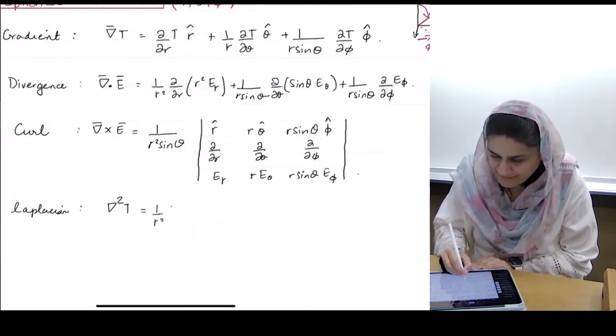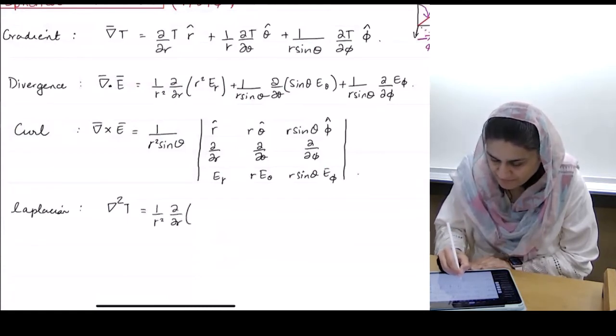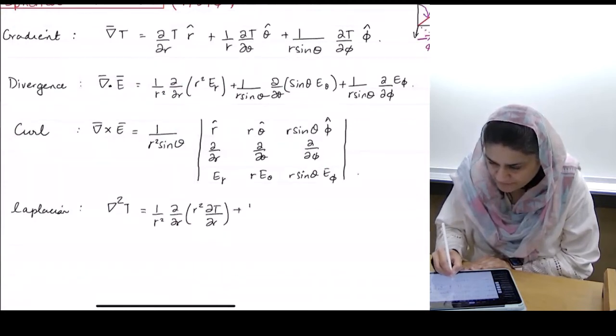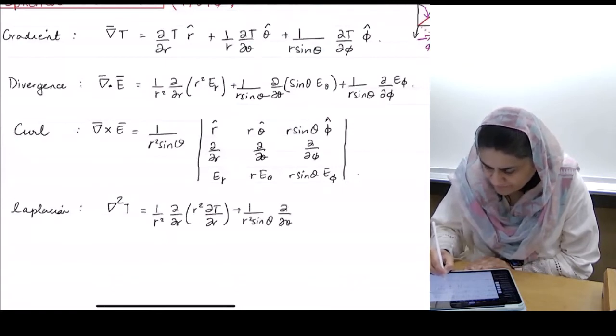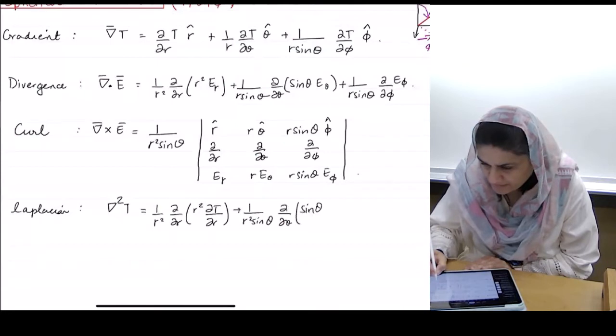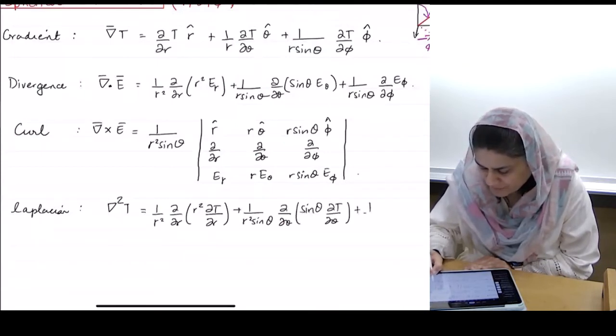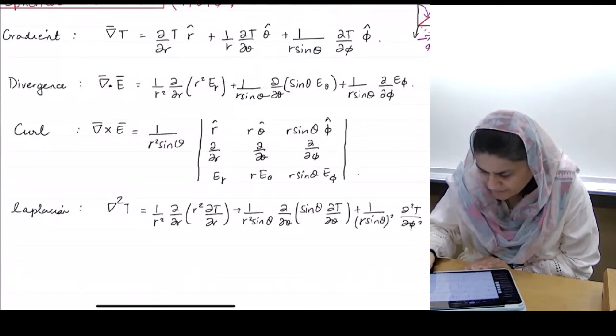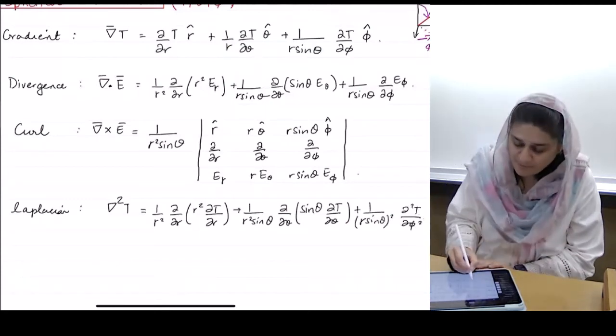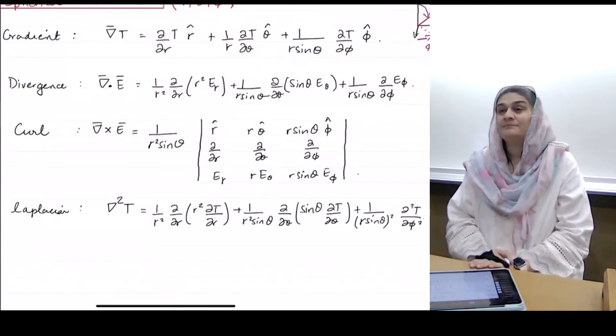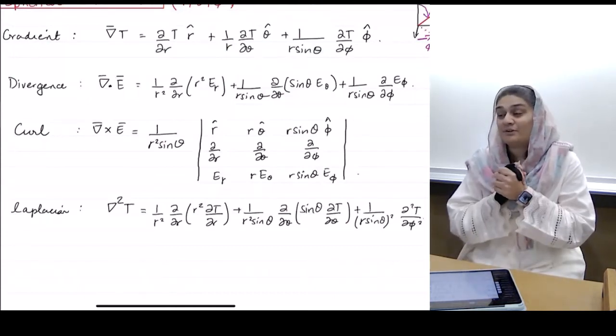And he writes it like this: partial over partial r of r squared, partial t over partial r, and so on, plus 1 over r squared sine theta partial over partial theta of sine theta partial t over partial theta, plus 1 over r squared sine squared theta partial squared t over partial phi squared. Now, do I expect you to memorize that? Probably not, but you should have it written on your note cards.